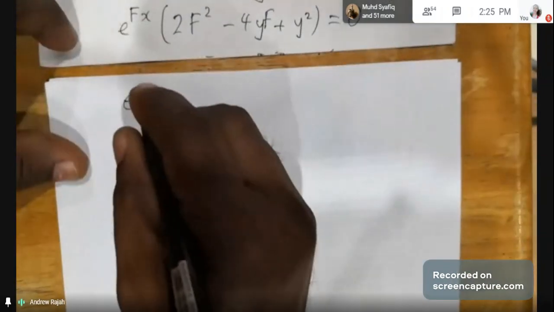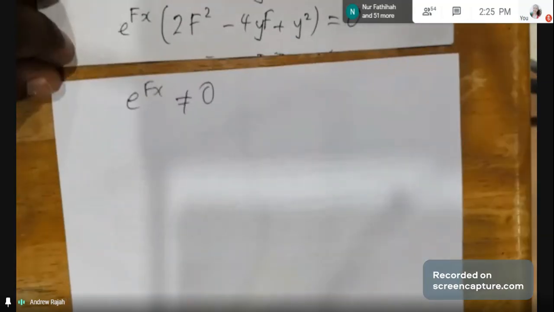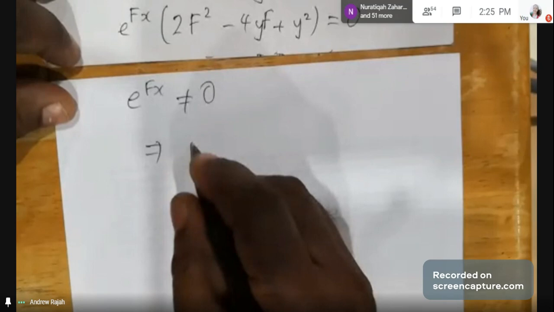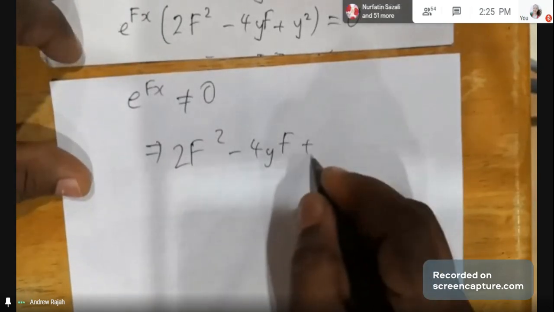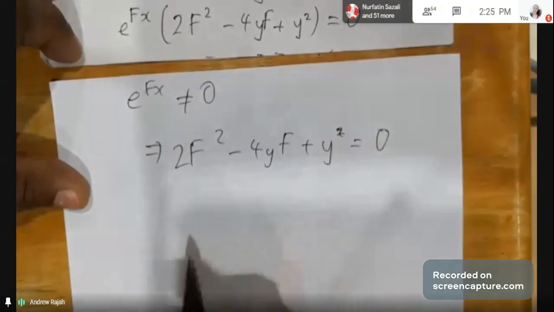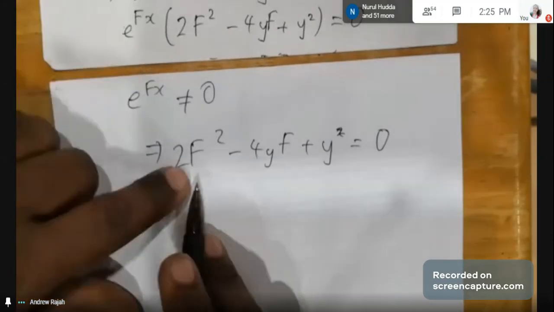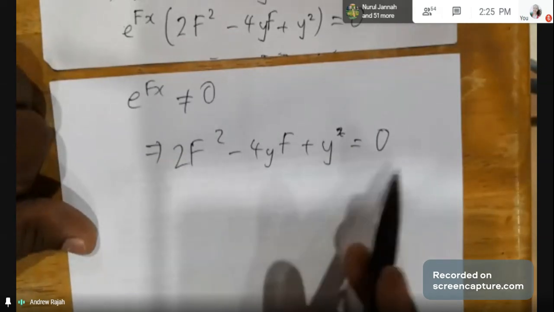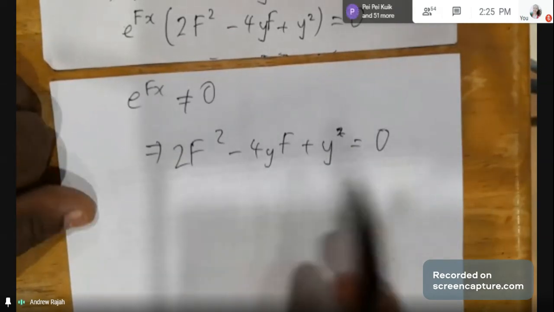e to the power of f x cannot be 0. It must always be positive. This implies 2 f squared minus 4y f plus y squared equals 0. So you want to find f. F is a function in y. That's why all these are still functions in y. You can cancel and get 0.